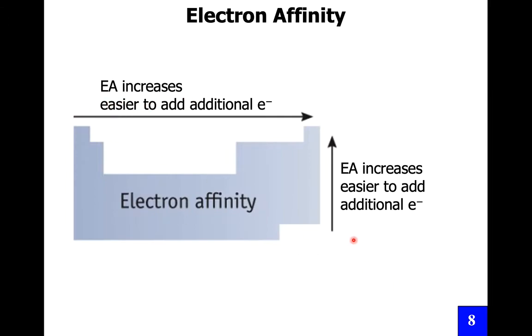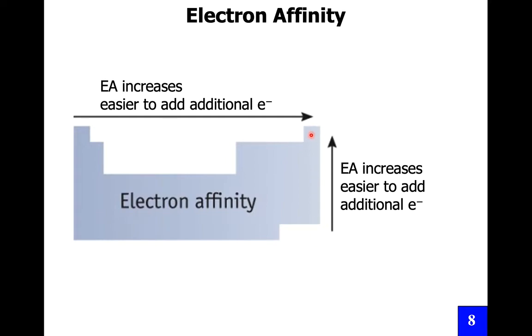As we go from bottom to top or left to right, we get an increase. Again, the hot spot in the periodic table is this northeast, top right corner, with atoms like fluorine having the highest electron affinity. The noble gases have no electron affinity for a variety of reasons.